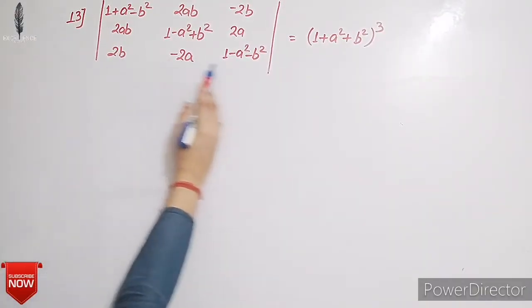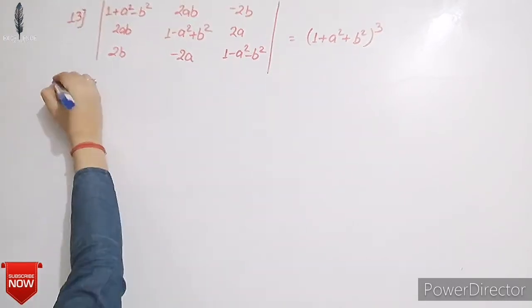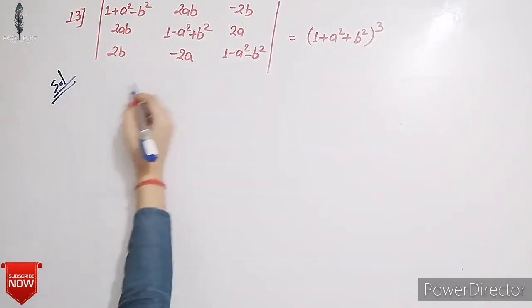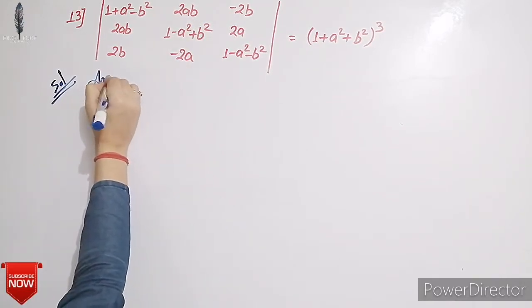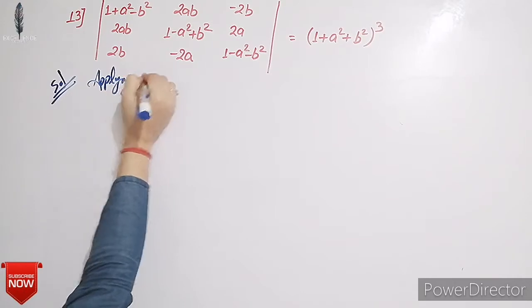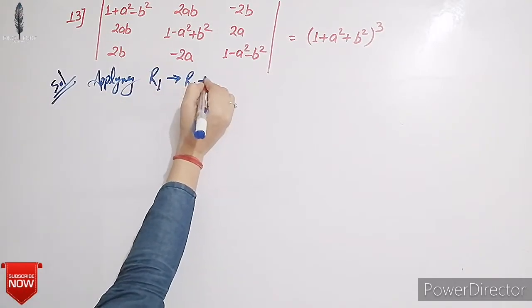Here we have to prove that it is equals to 1 plus a square plus b square whole cube. Let's solve it. Clearly here 2ab minus 2ab equals to 0. So applying the change, R1 becomes R1 plus bR3.